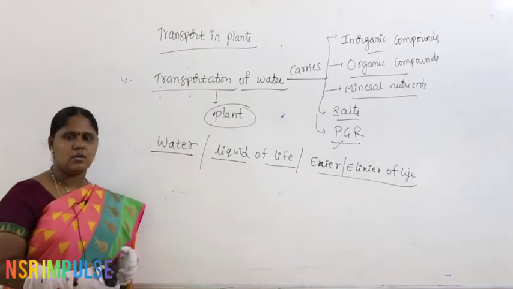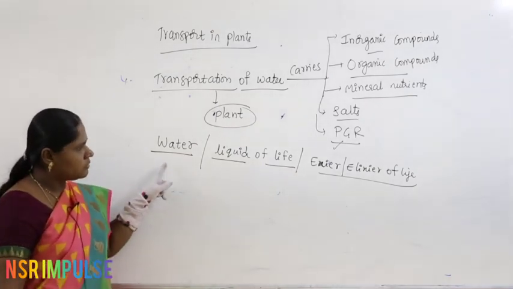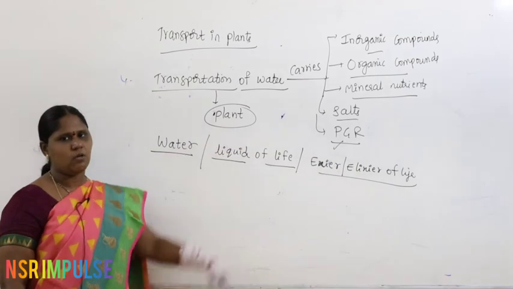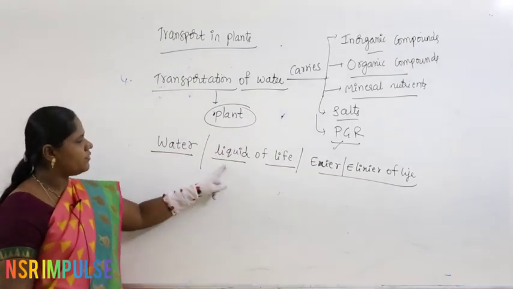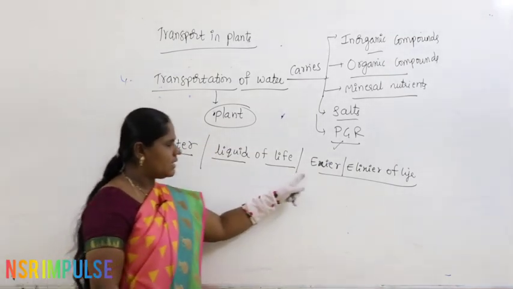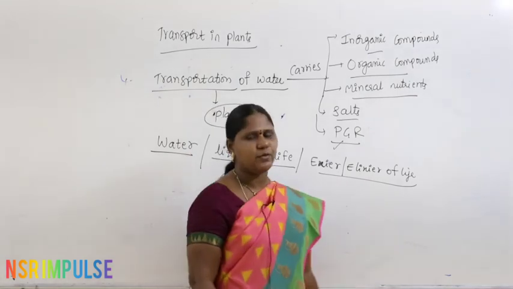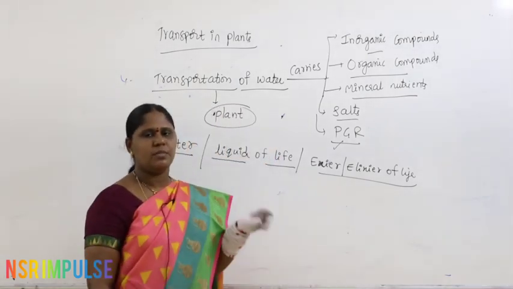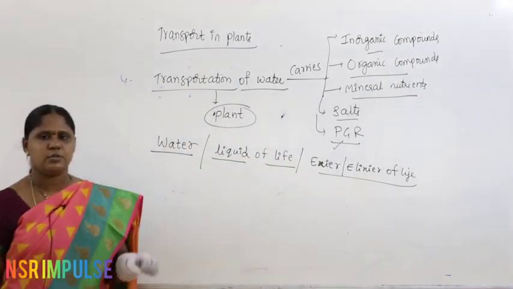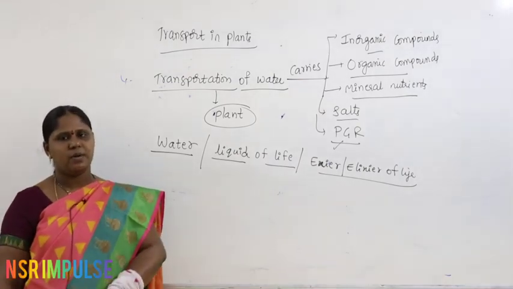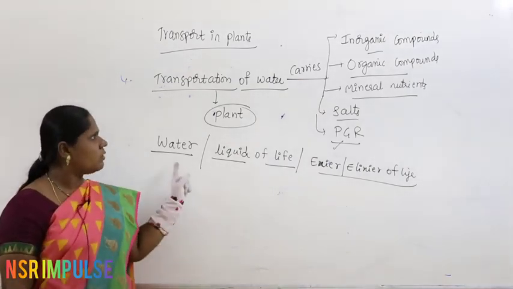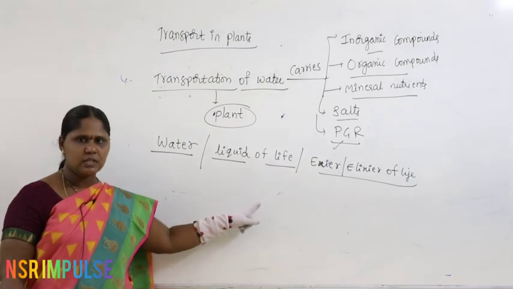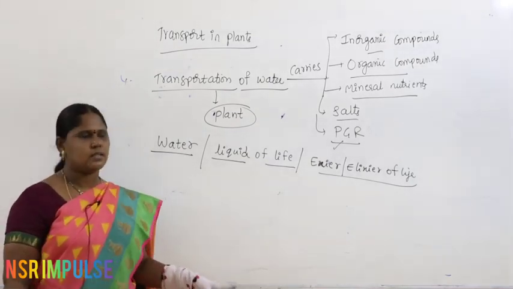Anything can get dissolved in water, so water plays such an important role in carrying all these things. Water is a main requirement for transportation of compounds from one place to another. Without water, transportation of these things cannot take place.